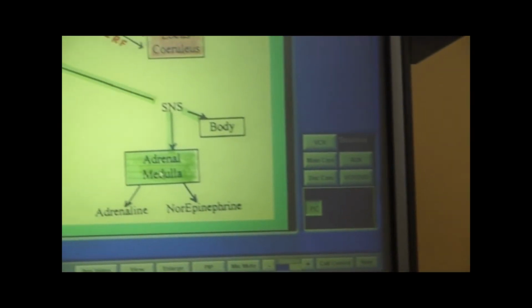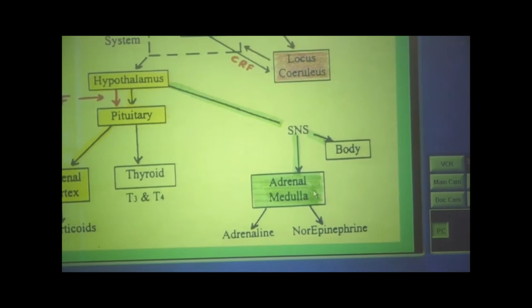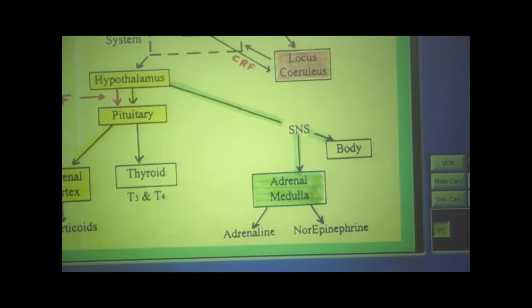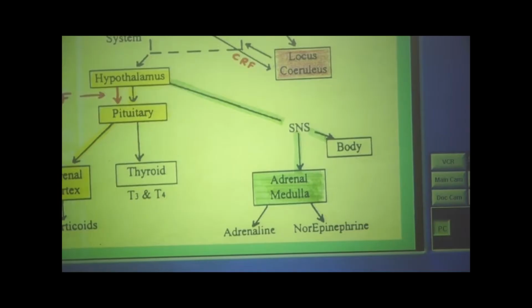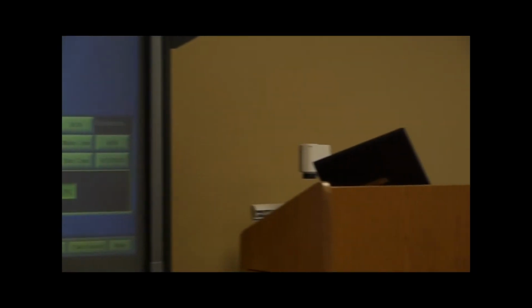Now, the sympathetic nervous system also sends axons down into the core of the adrenal gland. About 10% of the adrenal gland, the central feature, is called the adrenal medulla, and about 90% on the outside is referred to as the adrenal cortex. Each one of those makes different stress hormones. In an instant, it's activating the adrenal medulla, which dumps two important stress hormones into circulation, adrenaline and norepinephrine, as you can see on the diagram.